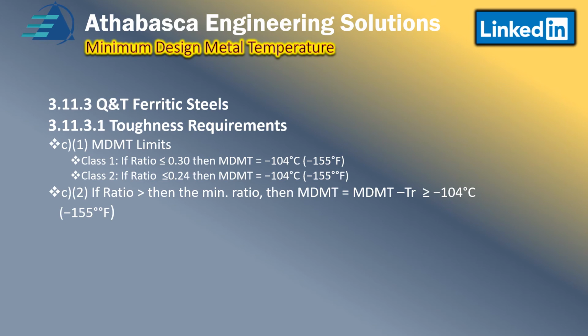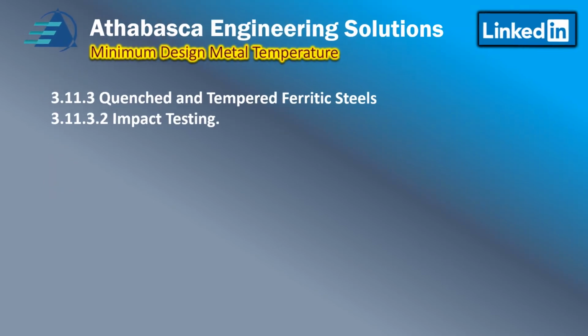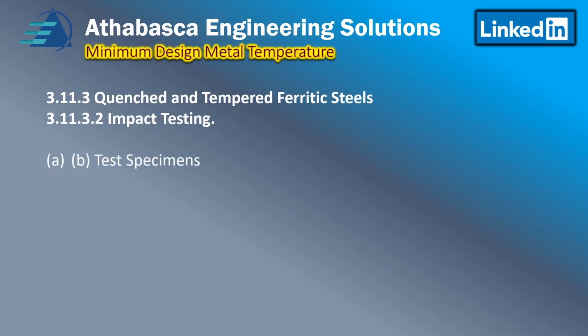If that's not the case, then impact testing is required. So let's look at impact testing. 311.3.2, impact testing, sections A and B, talk about the requirements for test specimens.